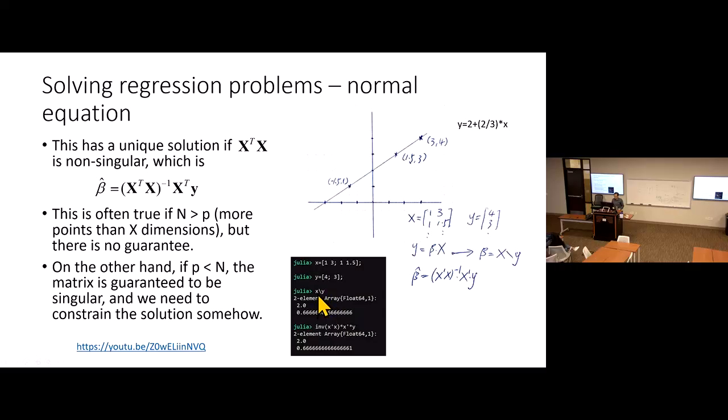So you can see x backslash y gives the same results as the full normal equation expression, inverse of x transpose x times x transpose times y.